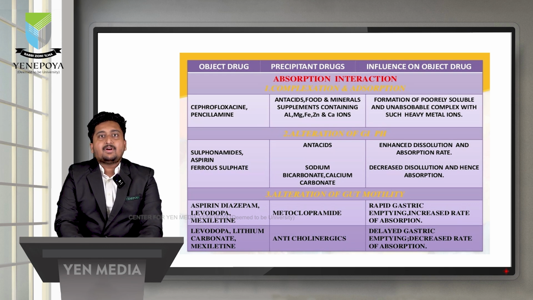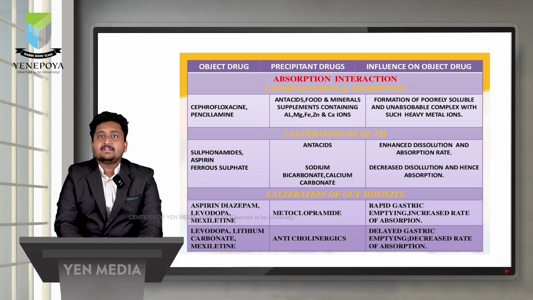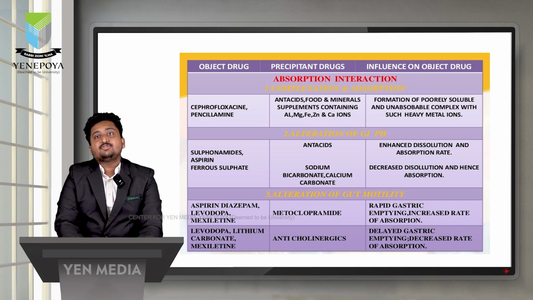Third one, we have alteration of gut motility. The examples we can see here are aspirin, diazepam, levodopa, and maxillotin. When given with drugs like metoclopramide, there is rapid gastric emptying. Whenever the movement of food particles or any other substance from the stomach to the intestine is rapid, obviously the absorption rate will also be increased.